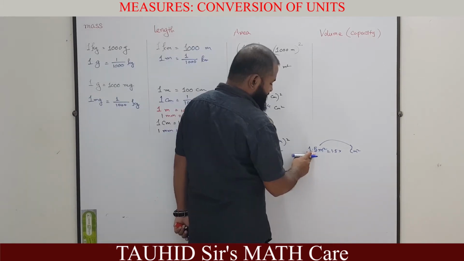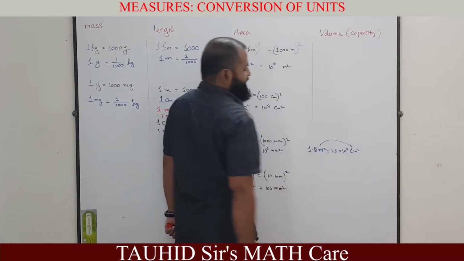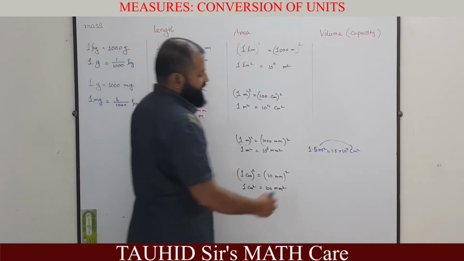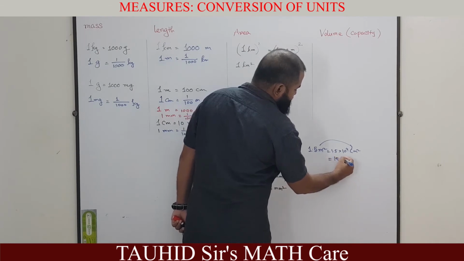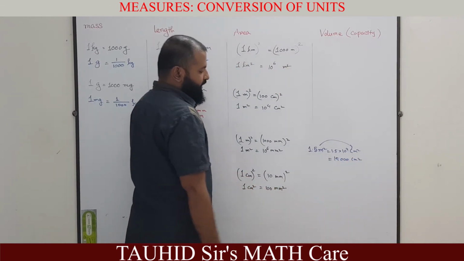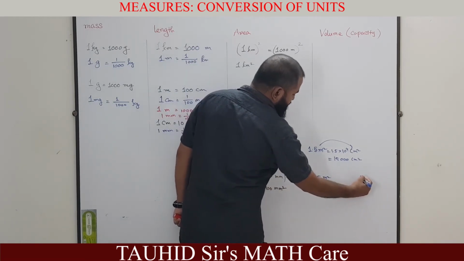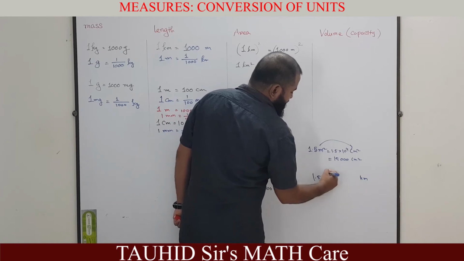Therefore 1.5 meter square equals 1.5 into 10 to the power 4 centimeter square. That means 15,000 centimeter square.